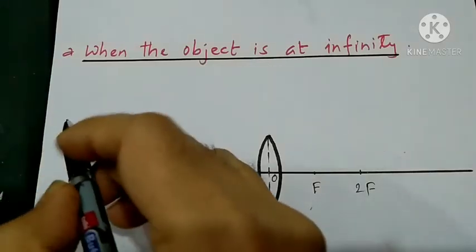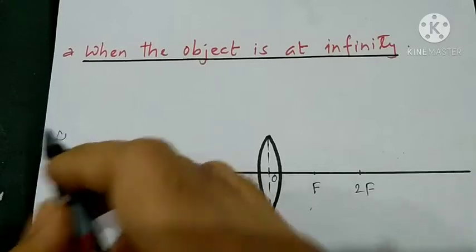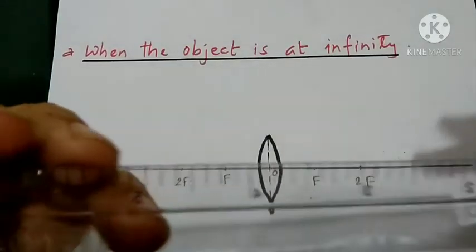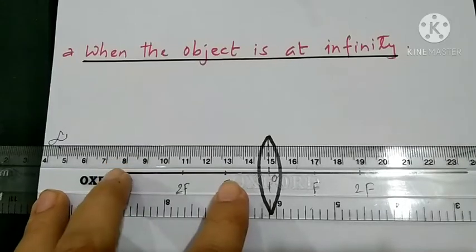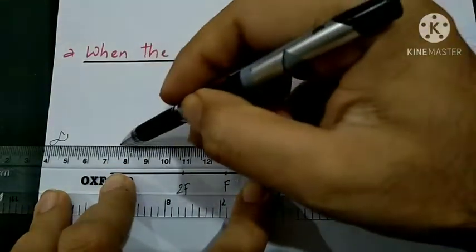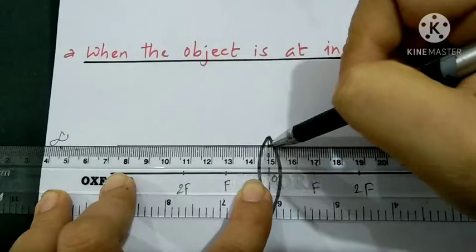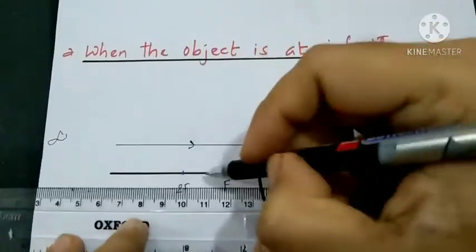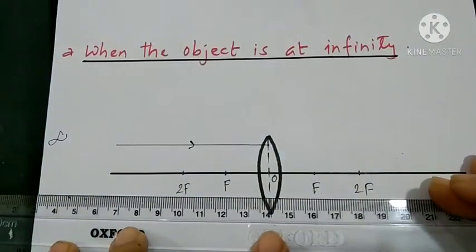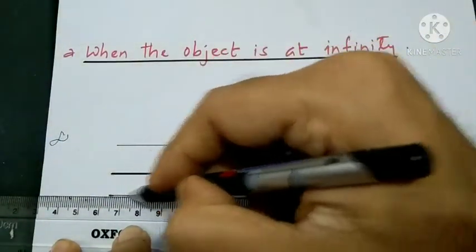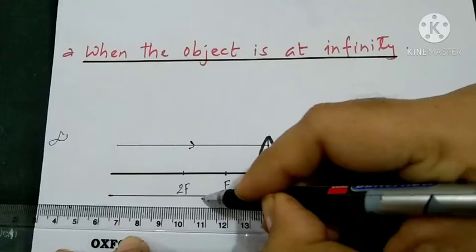If the object is at infinite distance, then we consider the parallel light rays are coming from the object. So let's draw parallel rays of light first. This is light ray which is parallel to this principal axis. The central line is principal axis.